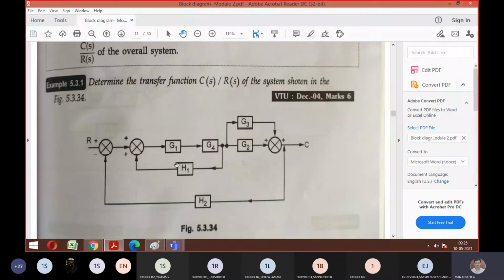So what is the final answer now? I asked you to get that single block answer. Then you can take the transfer function, output by input. So has anyone got the answer?